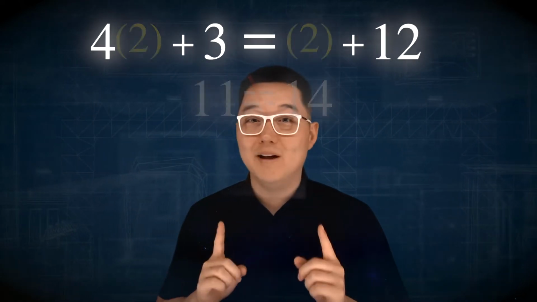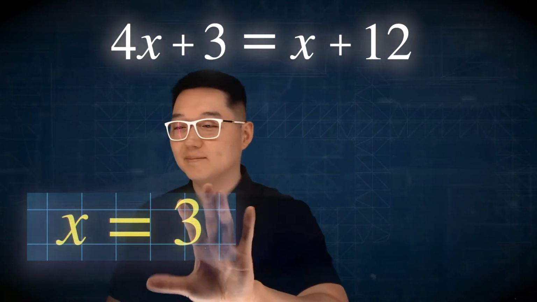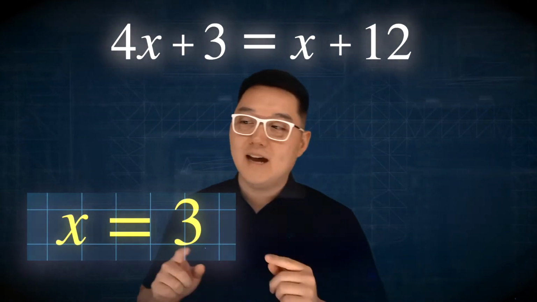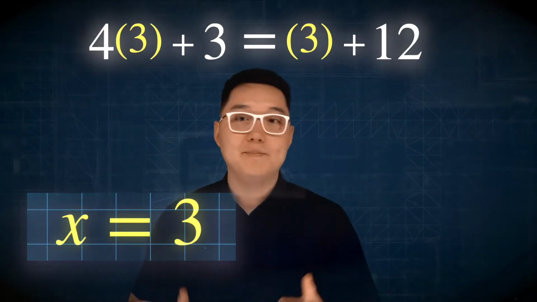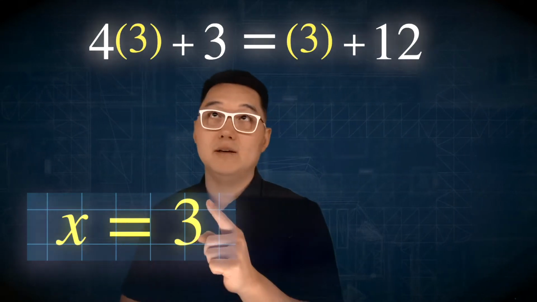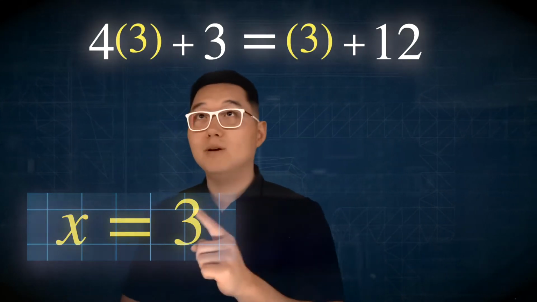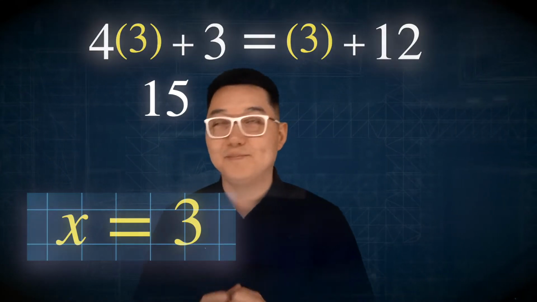Now let's try one last time, but this time let's try x equals 3. Now let's plug in x equals 3 and see if they're both equal in value. If we plug in x equals 3 to the first expression, we have 4 times 3 plus 3. Well, 4 times 3 is 12, plus 3, that gives us 15.